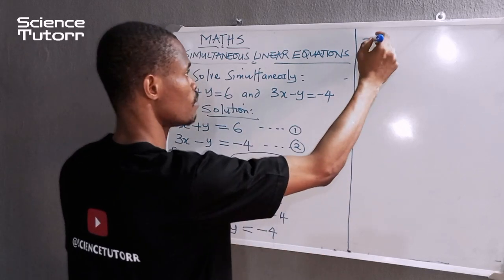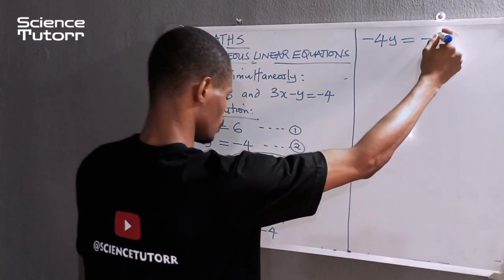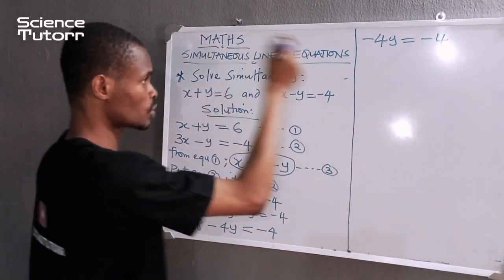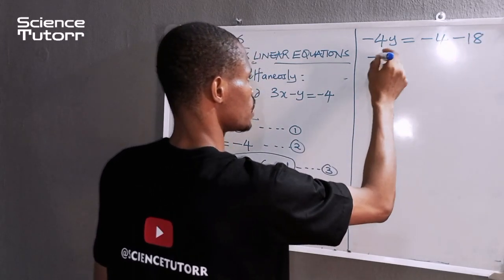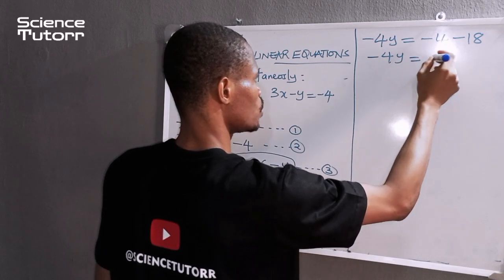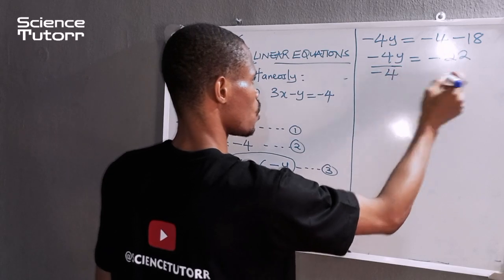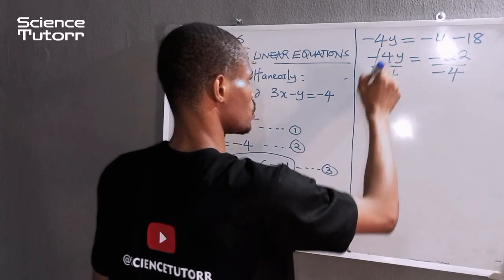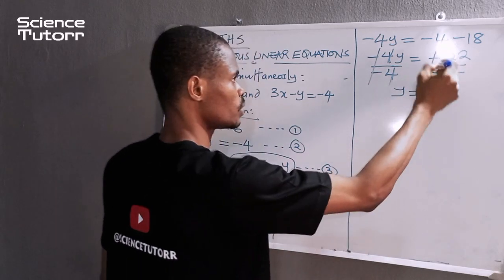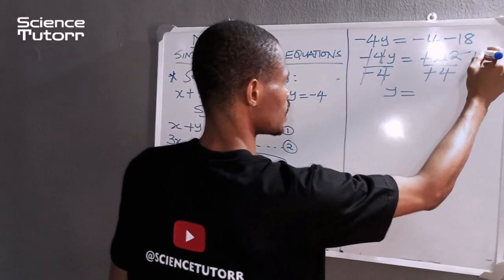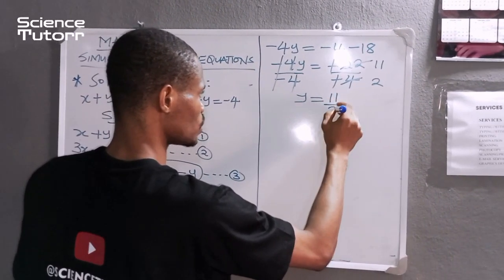So I'm going to have minus 4y equal to minus 4 on this side. 18 crosses over, it becomes minus 18. So minus 4y is equal to minus 22. So I divide both sides by minus 4. Minus cancels minus, 4 takes 4. So I have y equal to 22 over 4, which is 11 over 2. So y is equal to 11 over 2.